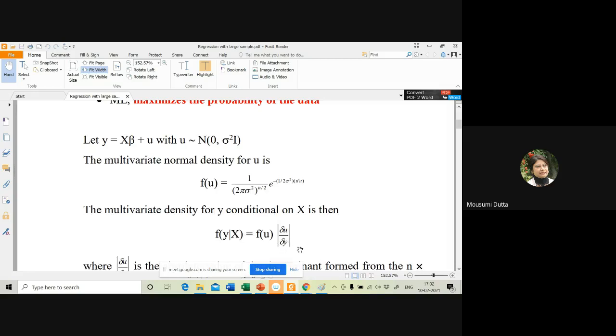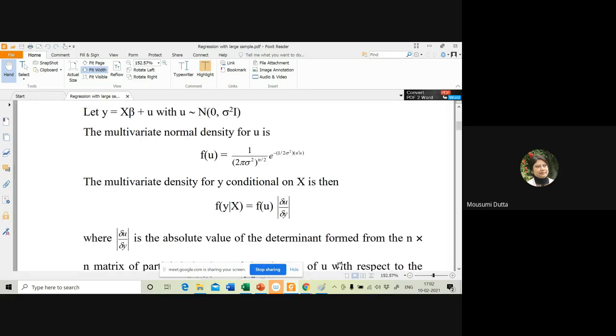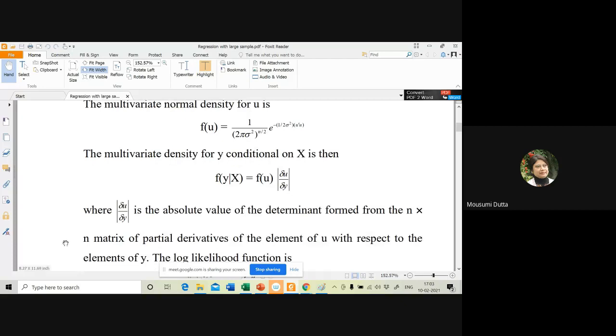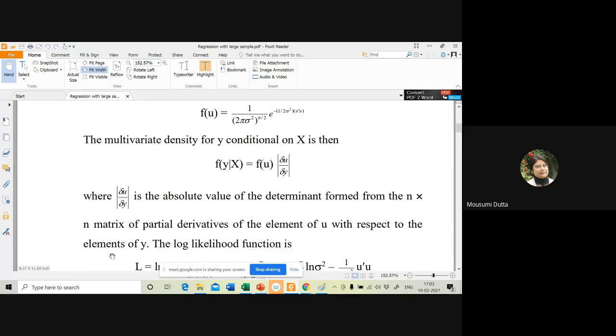Where the determinant of del u by del y is the absolute value of the determinant formed from the n by n matrix of partial derivatives of the elements of u with respect to elements of y. All partial derivatives, del u, del y, we are considering.